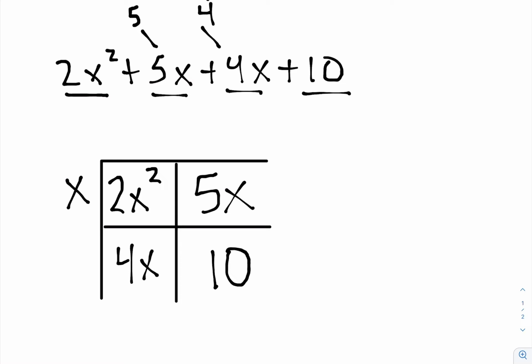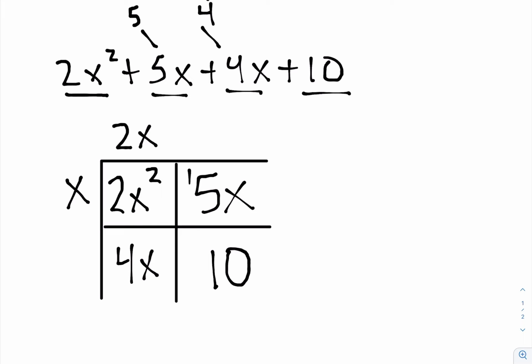Now that we took out an x from this row, we know that's the greatest common factor. We have to ask, x times what is going to equal 2x squared? x times 2x is going to equal 2x squared. So this term times this term should give us what's in this cell.